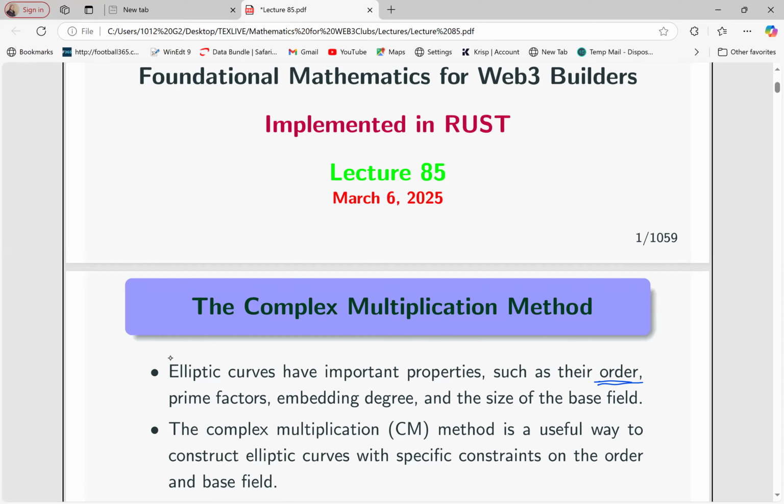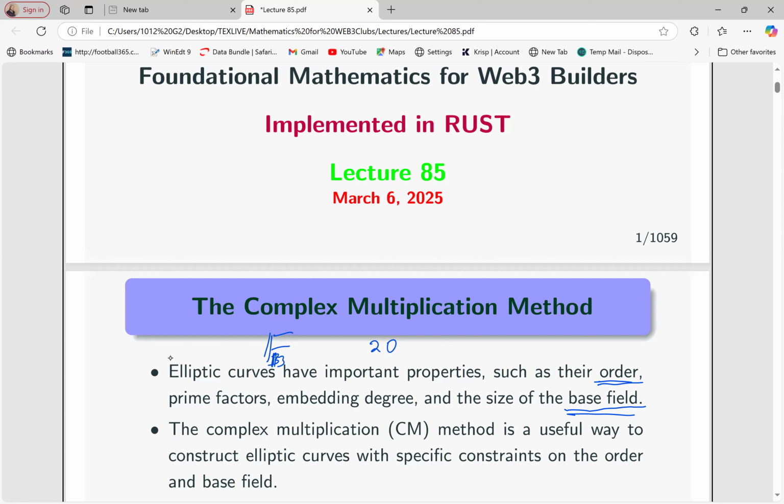Now, you also have to know the base field, the field you want to work with. For instance, I can say I want my elliptic curve to have 20 points, and I want it to be in F13. You just choose these two, and then you begin working.